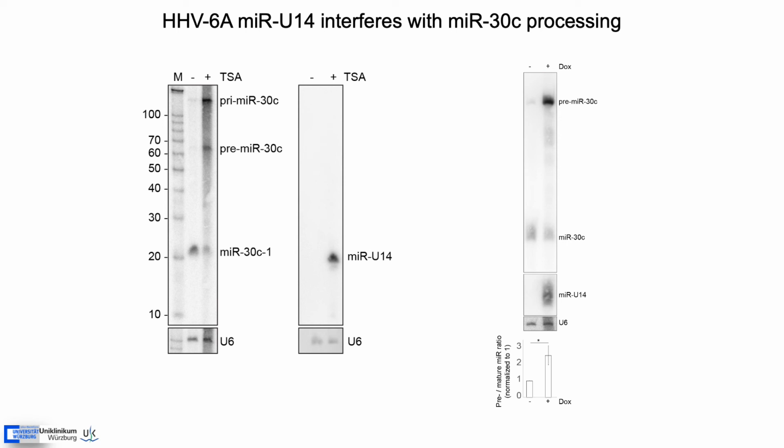Upon doxycycline treatment, these cells showed similar microRNA 30c processing defects. Pre-microRNA 30c accumulated in these cells upon expression of viral microRNA U14. For a better understanding, we have shown here the pre-microRNA to mature microRNA ratio, which changes under conditions of microRNA processing defects.